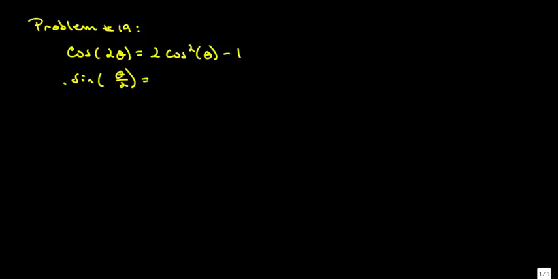So to do this half angle here, I'm just going to grab this formula here. This is going to be sine squared of an angle is equal to 1/2 times 1 minus the cosine of twice the angle. So that's what the formula gives us.